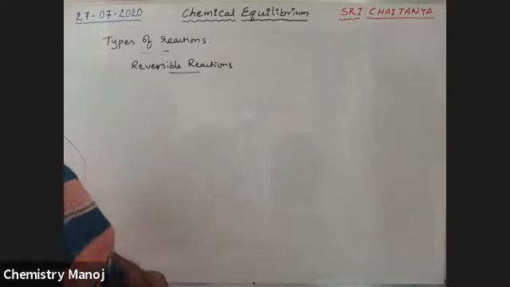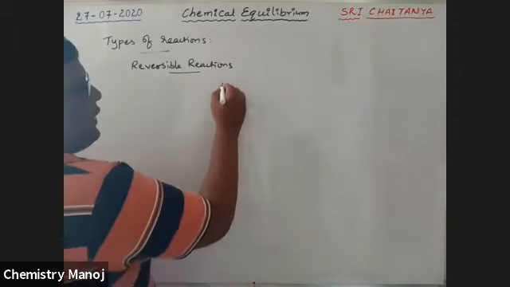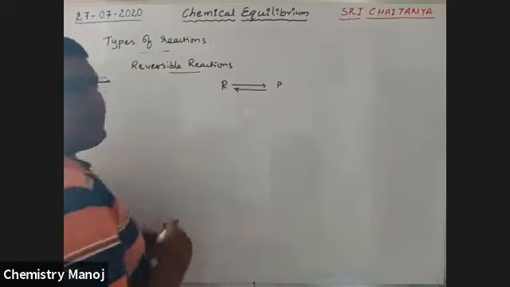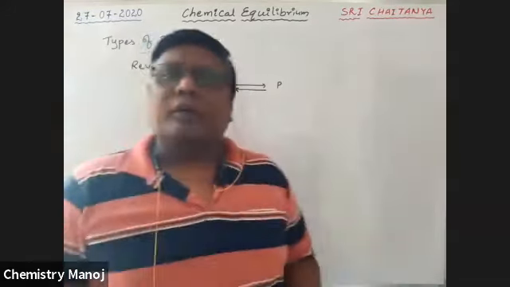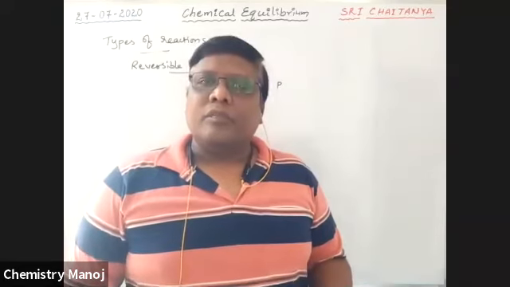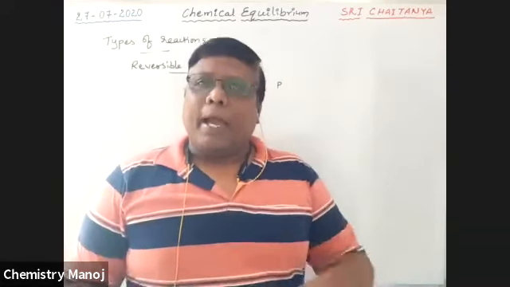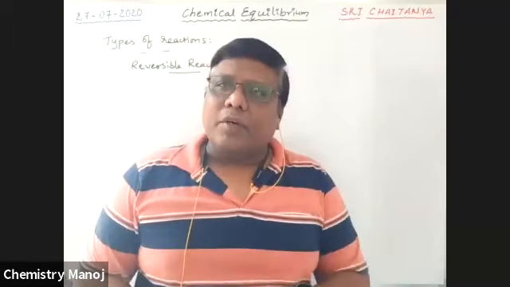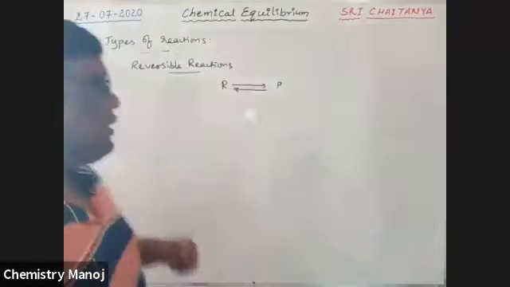What is this reversible reaction? Here, reactants convert into products and also products convert into reactants. So it is bidirectional: the forward reaction takes place, and the backward reaction takes place. That type of reaction is called a reversible reaction. The examples are, see here.